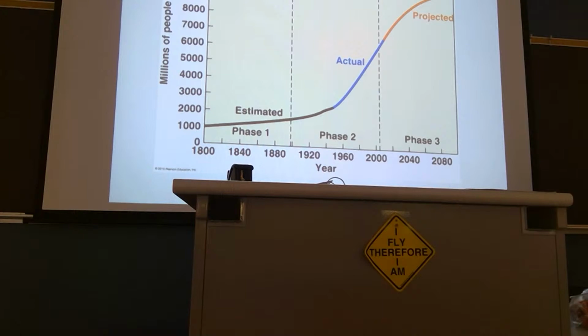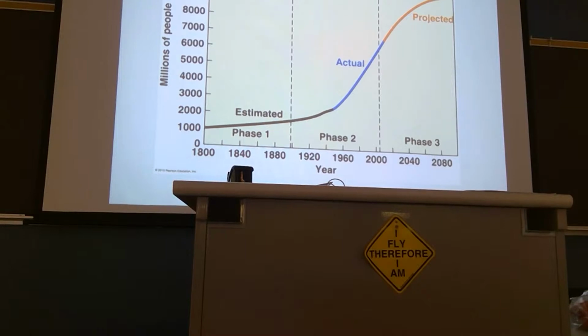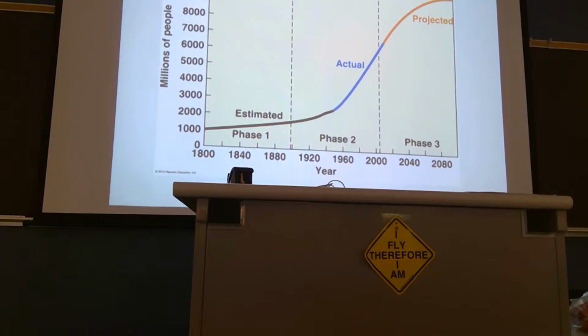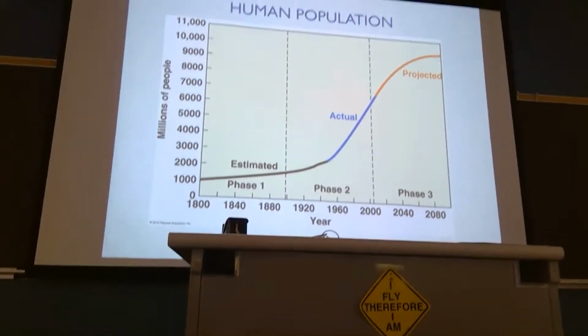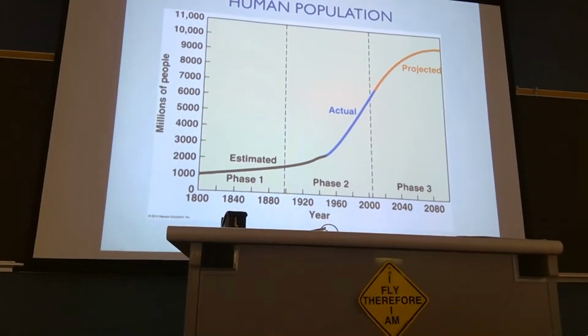We've had this exponential growth of the human population that's been enabled by real changes in modern medicine that have enhanced life expectancy, and modern agricultural practices, which have expanded our nutritional resource base. So technology and medicine have allowed for an exponential rise in human population.